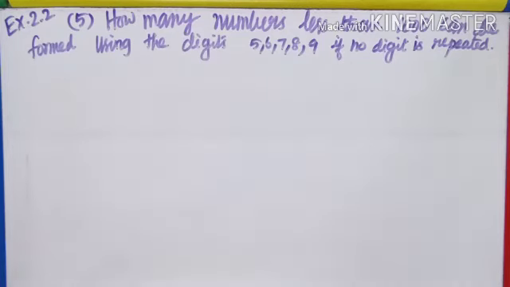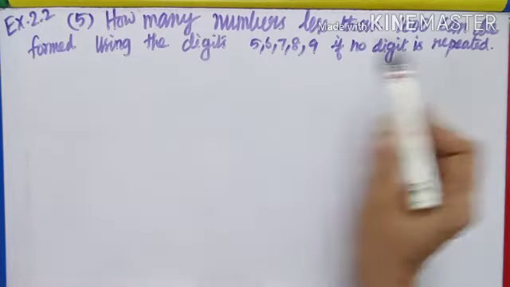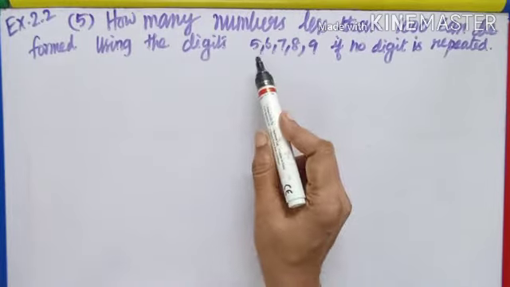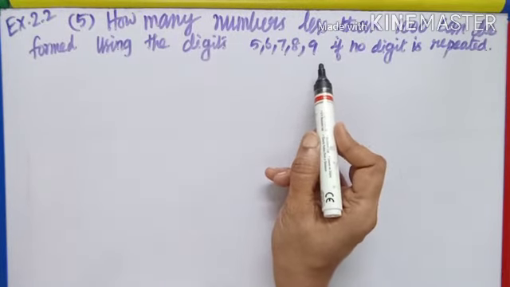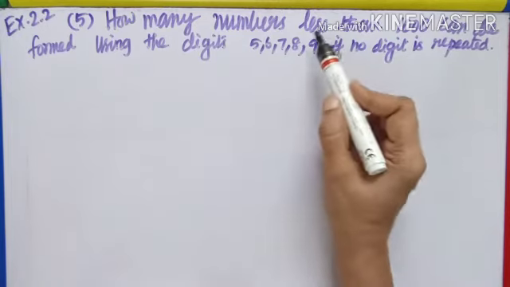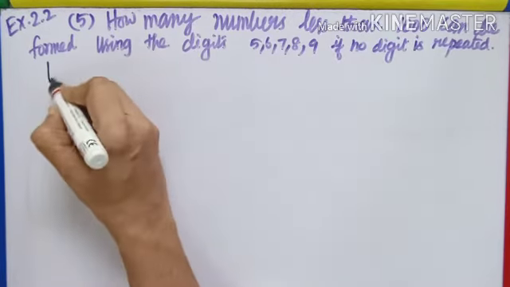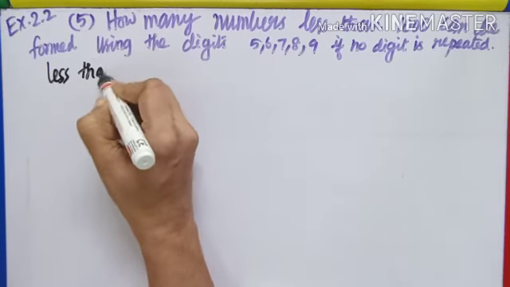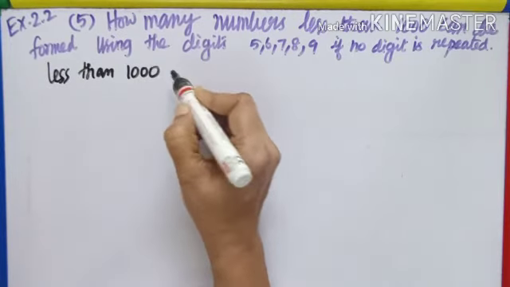Question number 5. How many numbers less than 1000 can be formed using the digits 5, 6, 7, 8 and 9 if no digit is repeated? The first line tells me less than 1000. What do you mean by less than 1000?